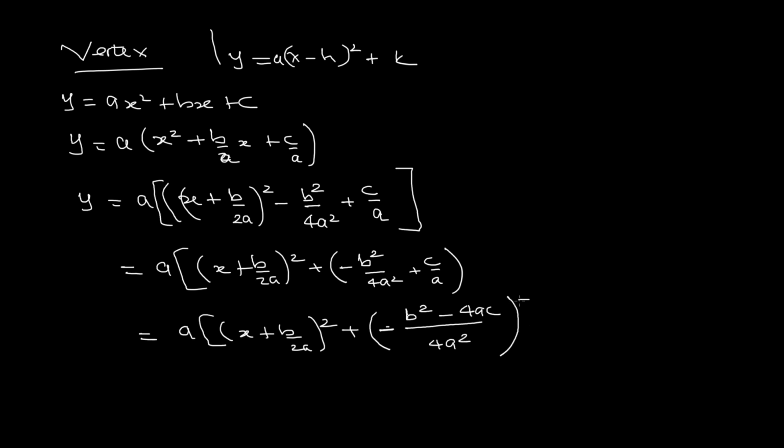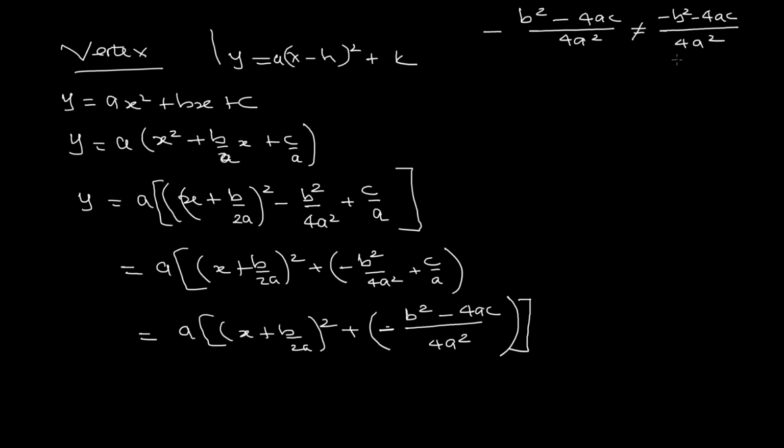Check out the video on the negatives and positives. That will help you to understand what has happened here. Remember, if we say minus b squared minus 4ac over 4a squared, this is not the same as minus b squared minus 4ac over 4a squared.